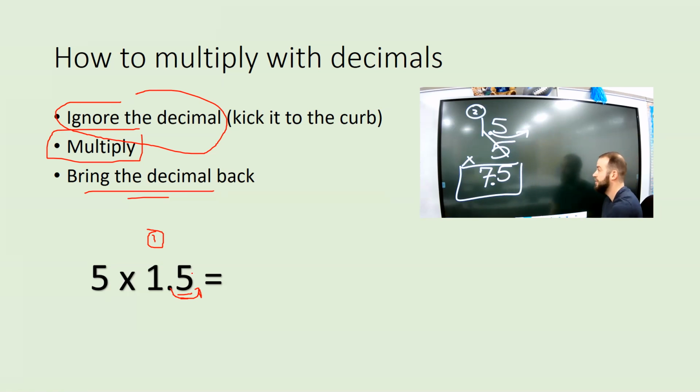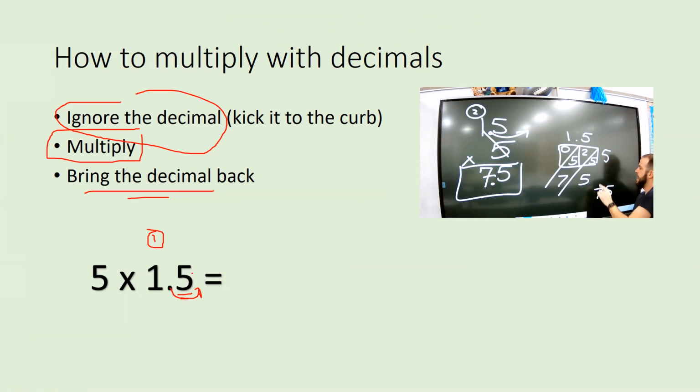If you're like Mr. Stahl, I love that lattice method. You can do the lattice method with this as well. 1.5 has 2 digits, so there's 2 boxes, and then you're multiplying that by 5, so 5's on the end. Now you just have your lines go over, and then 5 times 5 is 25. 5 times 1 is 5. 5 falls down, 7 falls down.